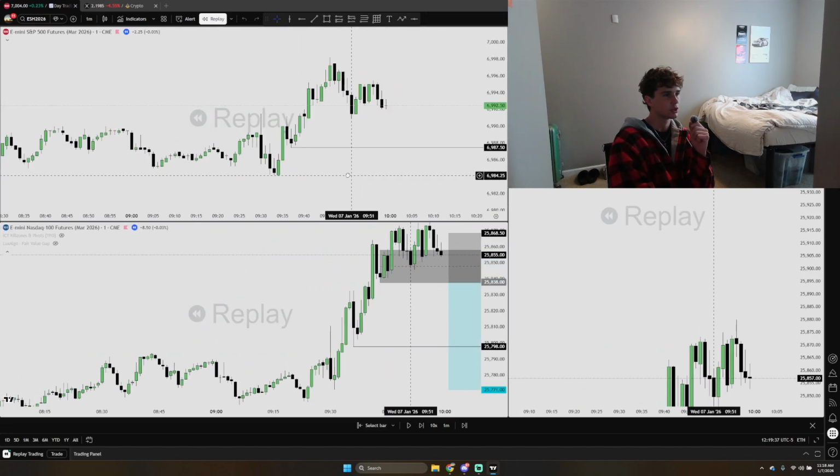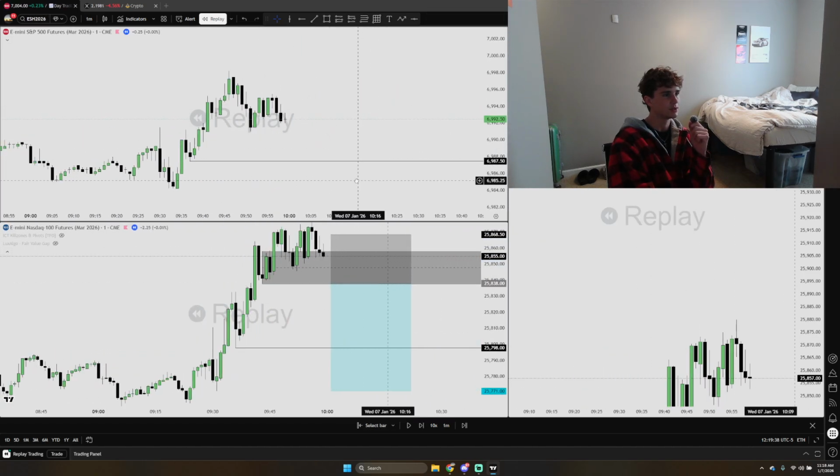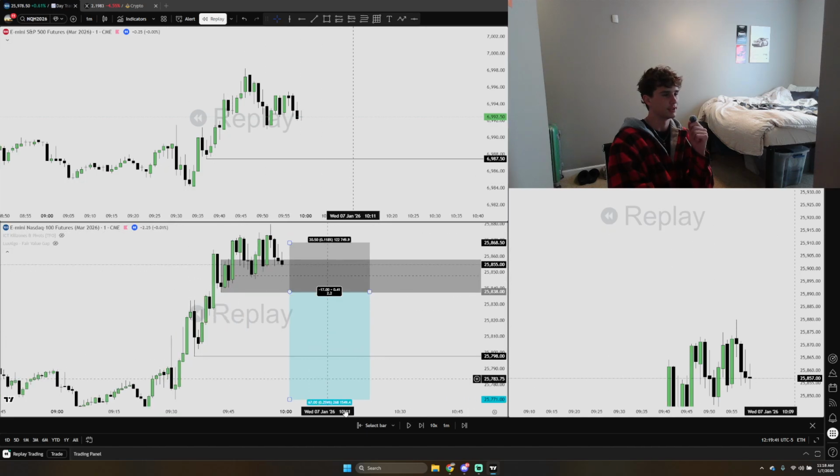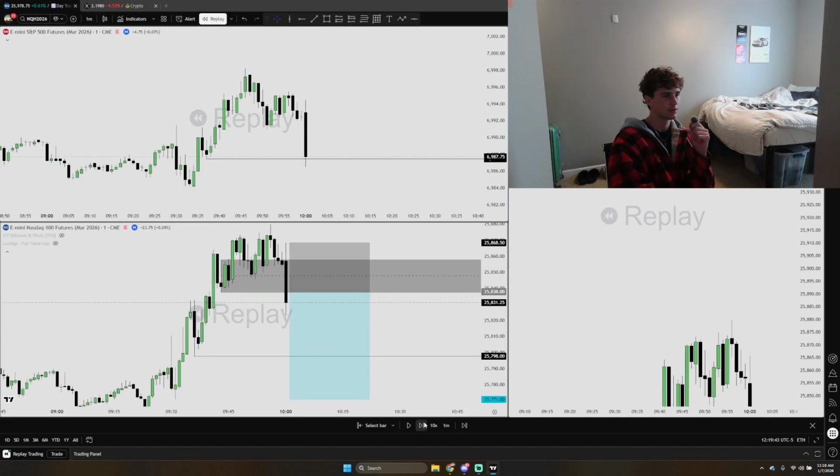as we're shifting structure, why is the replay watermark on my screen? Boom, we shift structure. And then look at ES. We take that invalidation low. So all of a sudden, we've swept sell-side liquidity and we have a bearish bias.